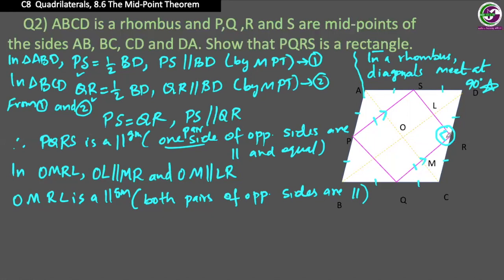Okay, now we got this is a parallelogram. And you know in a parallelogram, opposite angles are equal. But angle LOM is equal to 90 degrees because the diagonals of a rhombus meet at 90 degrees.